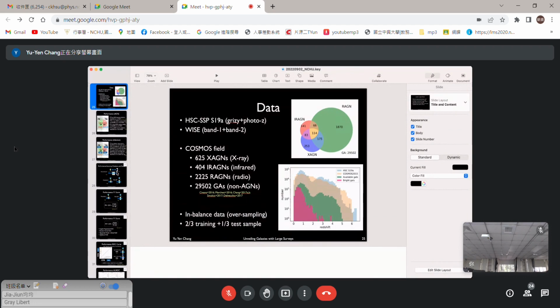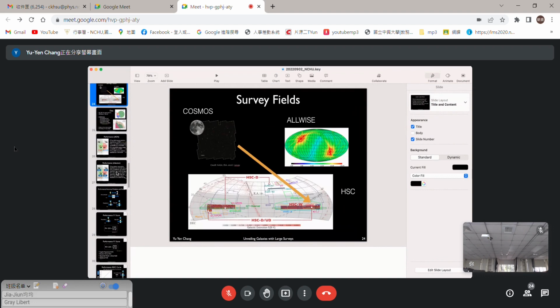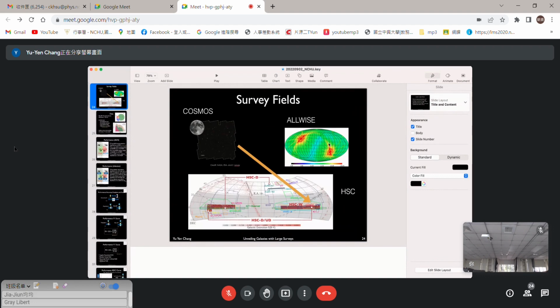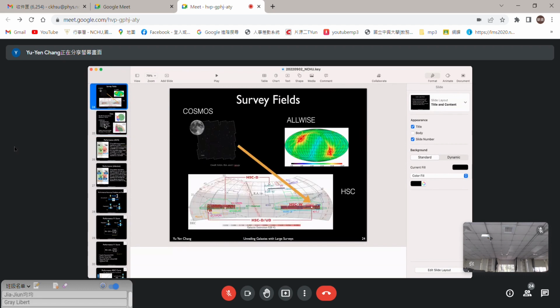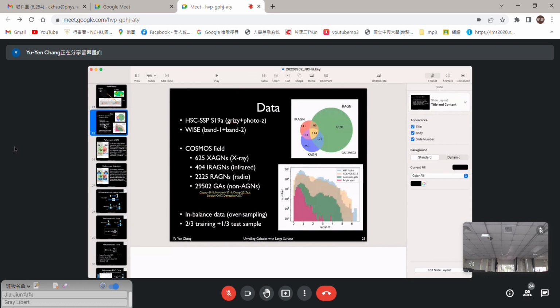Band 1 is about 3.4 micron, and band 2 is about 4.6 micron. So it's near-infrared observation, which is the data I use for this work. Okay, thank you.